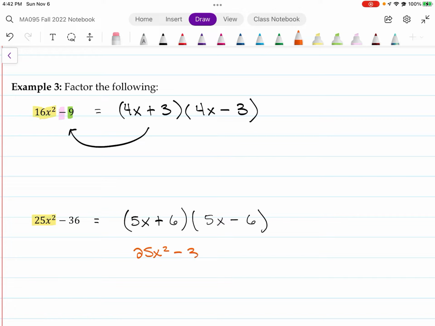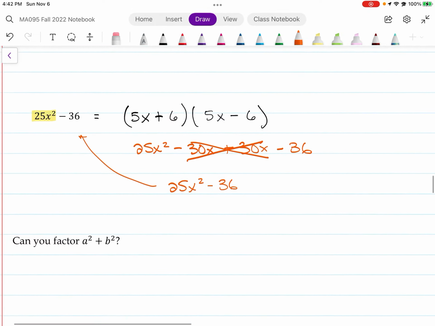Outside, minus 30x. Inside, plus 30x. Last, positive 6 times negative 6 is negative 36. These two cancel out, and I just get 25x squared minus 36, which is what we started with.